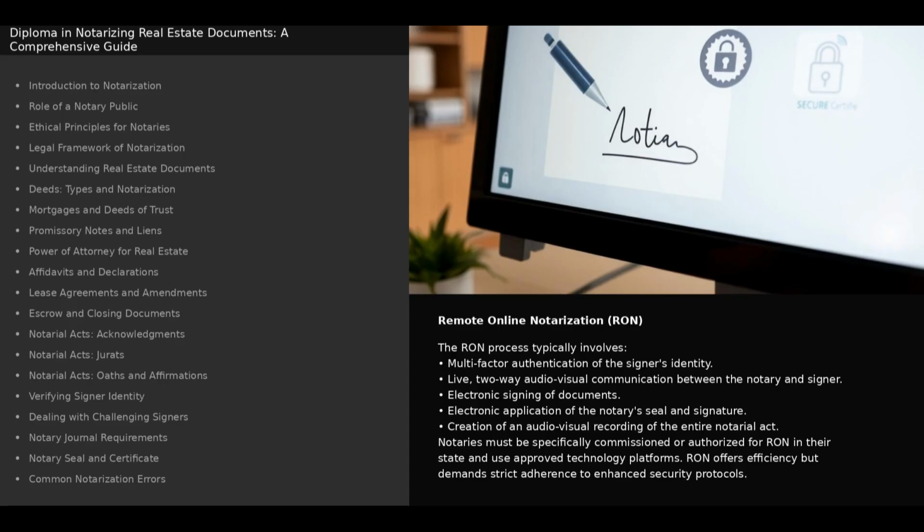Notaries must be specifically commissioned or authorized for RON in their state and use approved technology platforms. RON offers efficiency, but demands strict adherence to enhanced security protocols.